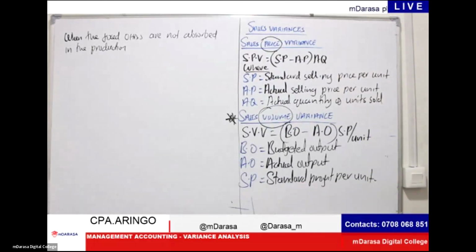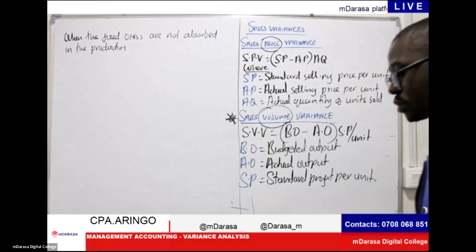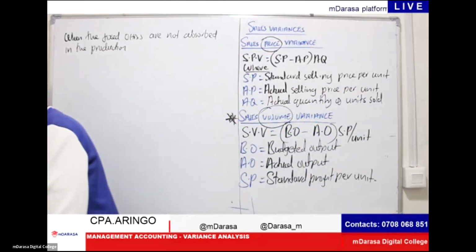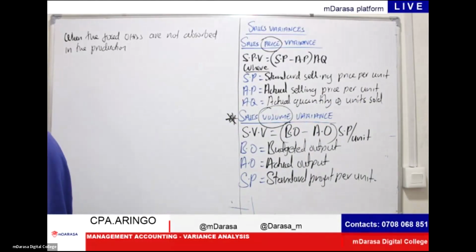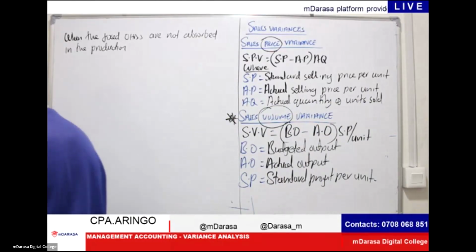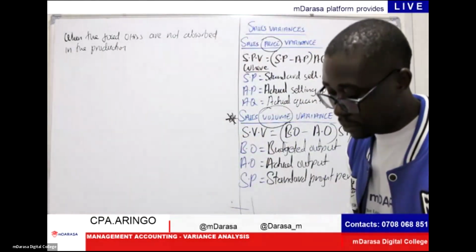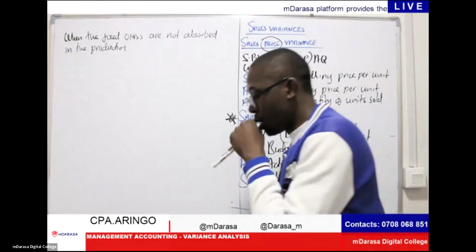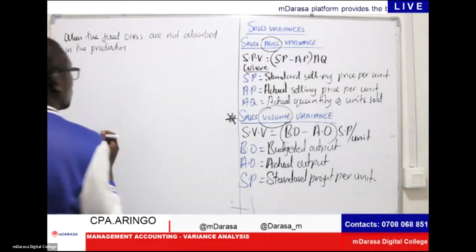You'll always be told if they are not absorbed. When the examiner is silent, you take it as if they are absorbed into the production. But where the examiner specifies that these overheads are not absorbed, you must always note this.